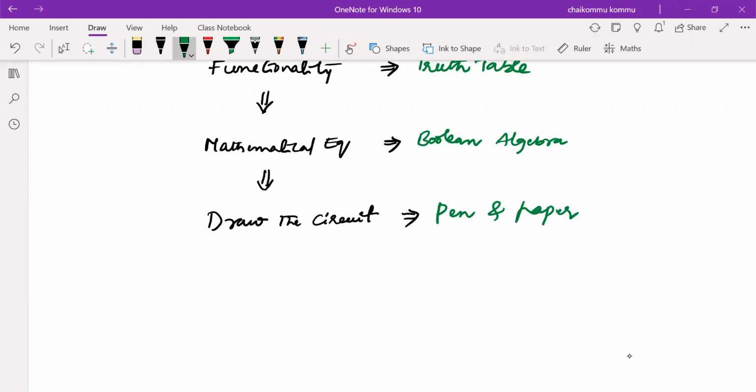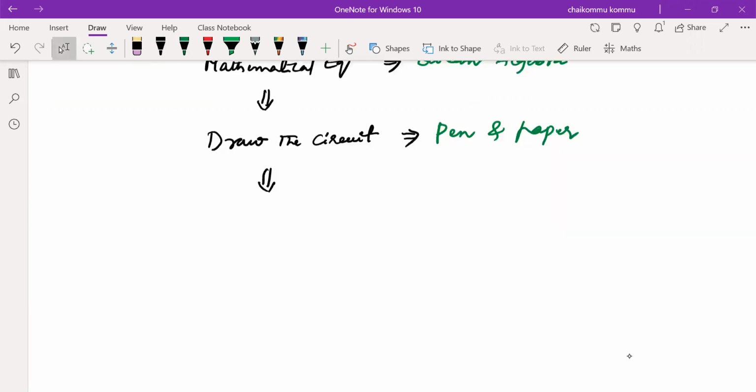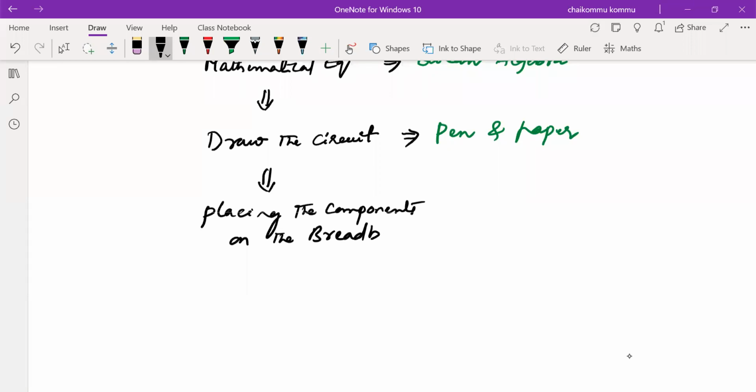Once the circuit is on your paper, we have to go to the lab and place the components on the breadboard, and make the necessary connections among the devices.